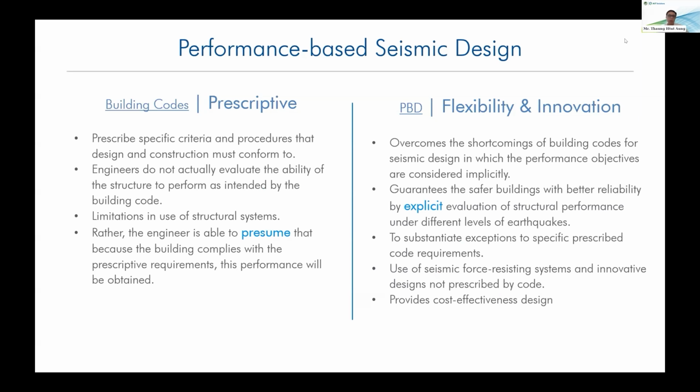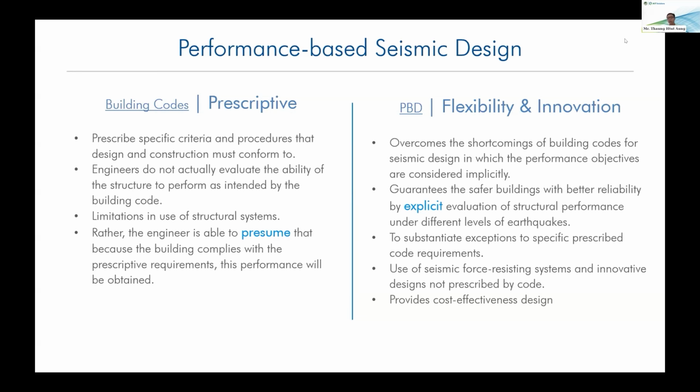With the prescriptive building code approach, we have to follow the code provisions, and we cannot evaluate the actual performance of the structural system. We just implicitly assume that our performance will be okay if we follow the code detailing rules. There are also limitations on the structural systems permitted in the code.